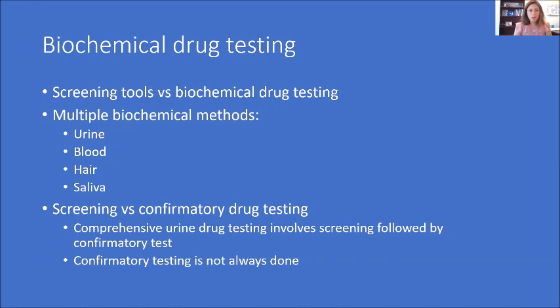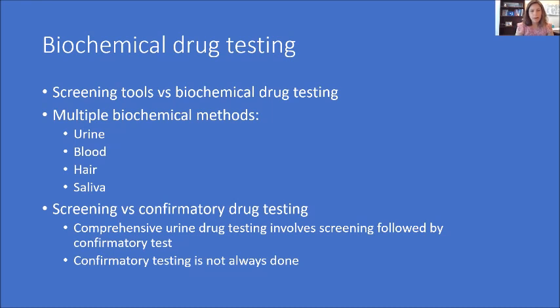Most of them will include a few common substances like amphetamines, cocaine, marijuana, PCP, and opiates. Screening tests are generally qualitative, meaning they just say yes or no, the presence of this substance was detected or not. Now, when we talk about screening tests, we have to talk about several limitations that they have.